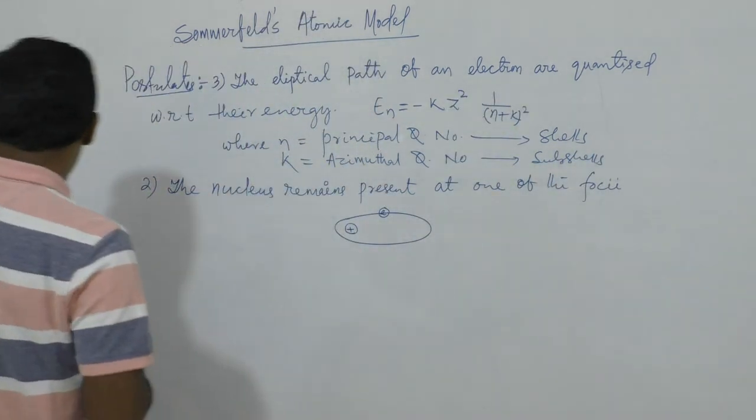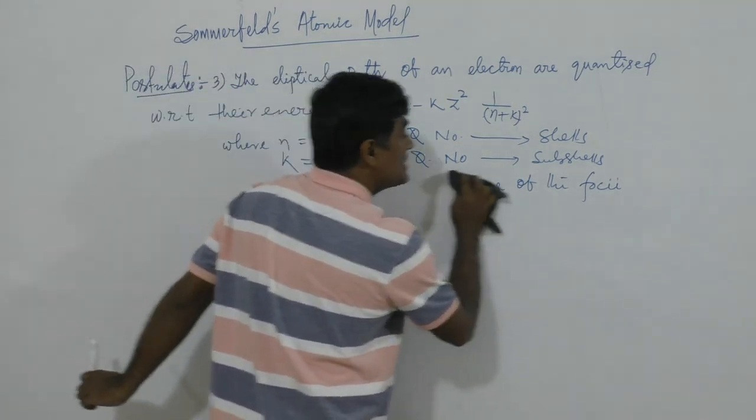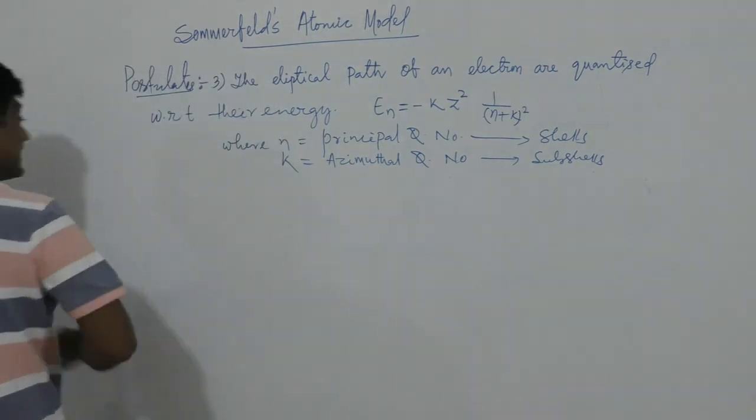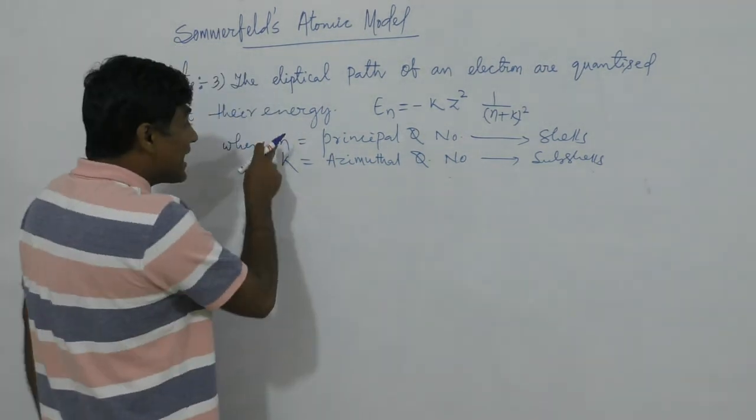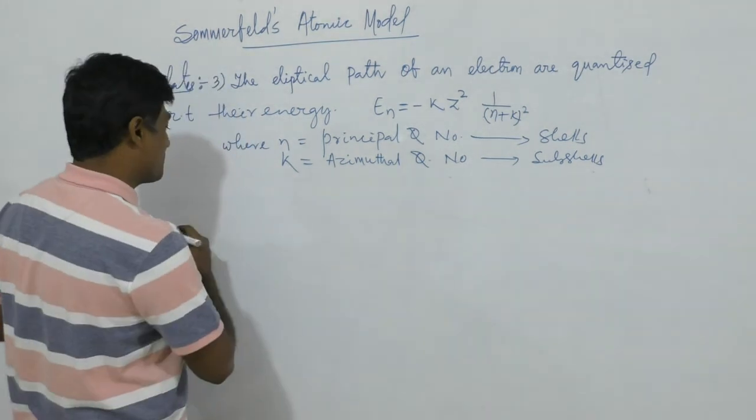Now how are these two numbers interrelated? This n and k are linked through the major and minor axis.